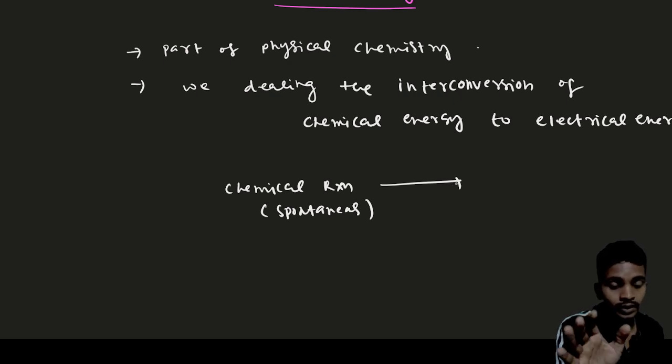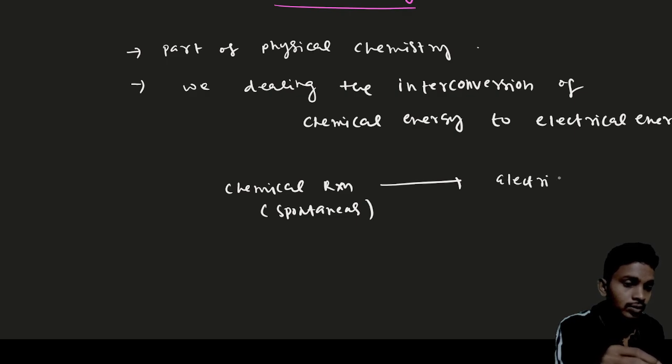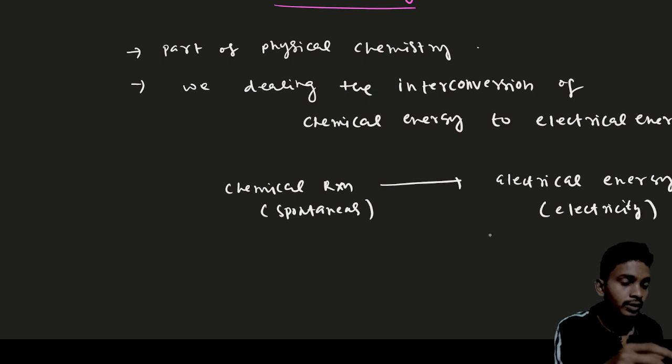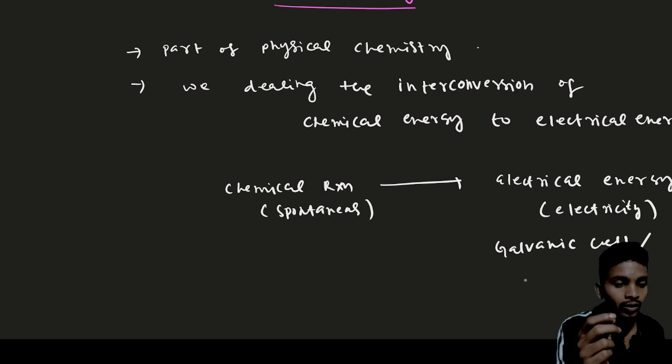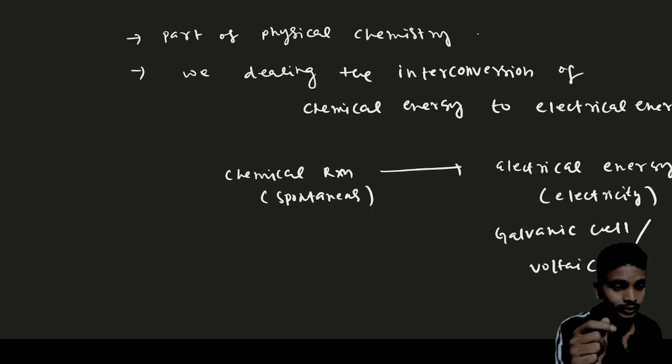So the energy which is released from spontaneous reactions, we use to create electricity. So from chemical reactions we produce electrical energy or electricity, and this we will study in galvanic cells. So the galvanic cells, or you can say voltaic cells, we will study.